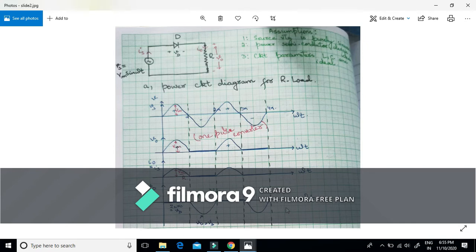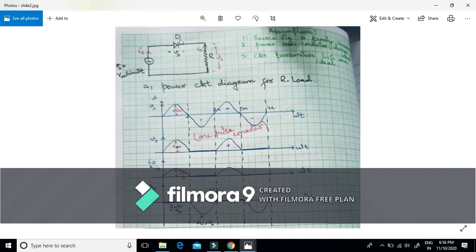Since we are studying the uncontrolled rectifier, we are using a simple diode. In case of diode, this Vd represents the voltage across the diode. Here we have made some assumptions while teaching. The source voltage is purely sinusoidal. Another thing is that the semiconductor device is also ideal.